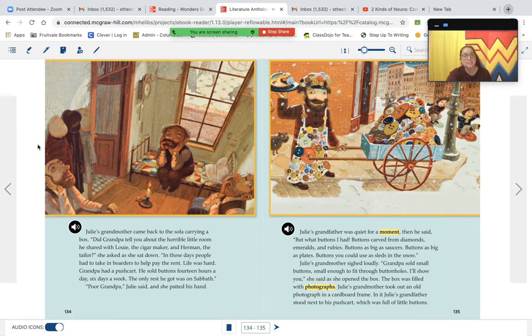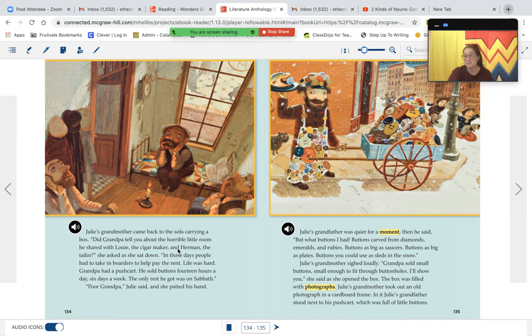Sounds like he did not get a castle. What he had to do is share a tiny room with strangers that he didn't know. That is what boarders were called. So he needed people to help him pay for the room. So he had, like I said, strangers, the cigar maker, the tailor, they lived with him.